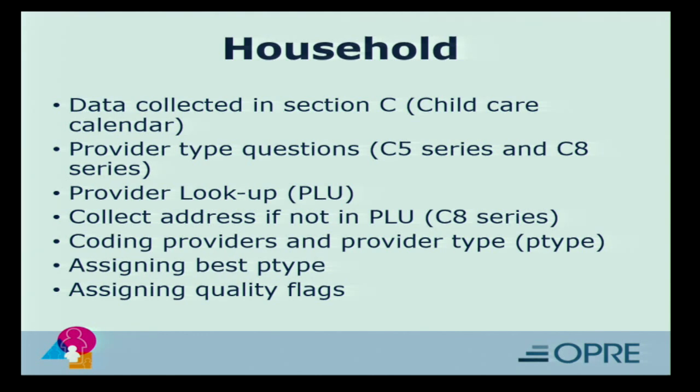So we took the address and the provider name we got in the interview, and we looked online to see what we could learn about that provider. And then we assigned a provider type using the same categories that we had in our sampling frame. And in some cases, we had to expand the sampling frame because we had a lot of providers we weren't necessarily expecting to find that our respondents were using for regular care.